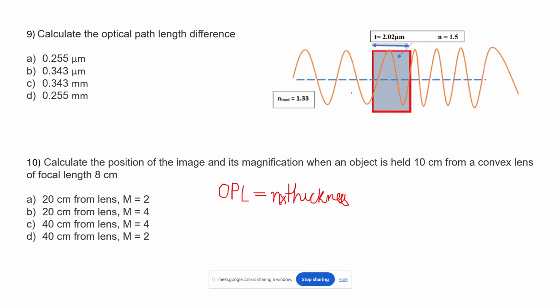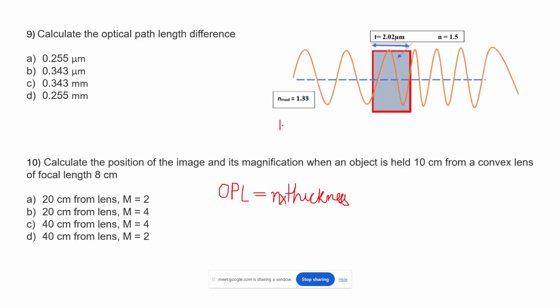Using this diagram, we can see that n is 1.5 in this case, and here the refractive index of the medium is 1.33, and the thickness through which it travels is 2.02 micrometer.